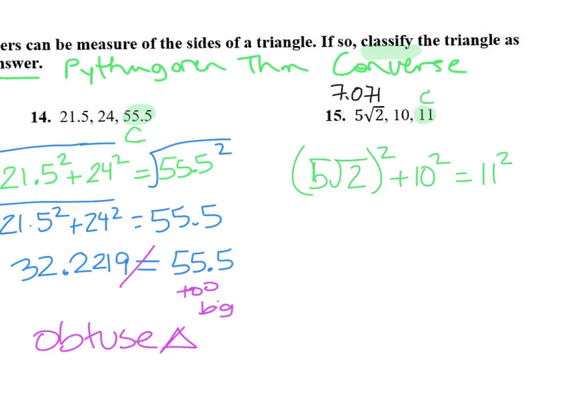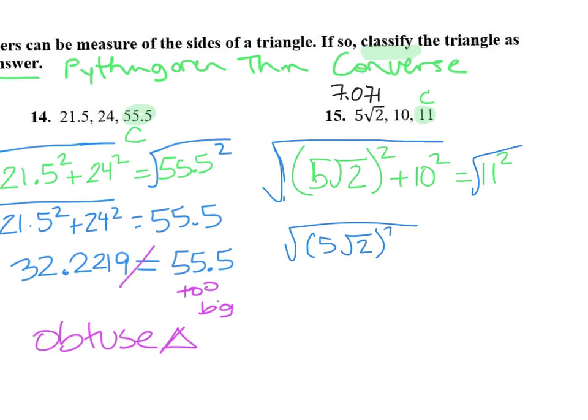Okay, once again, just so a few less things to type in the calculator, I can go ahead and take the square root of both sides, and in my calculator I'll just do one entry. Now make sure you have parenthesis 5 square root of 2, close parenthesis, squared. That's going to be key. If you don't have it typed like that, you're going to get the wrong answer.